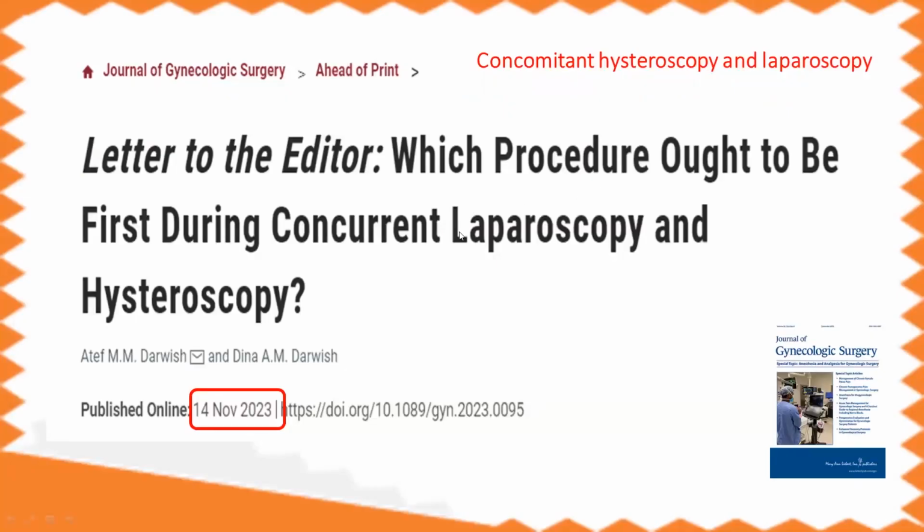Until we published a letter to the editor recently that the procedure that we should start with during combined or concurrent laparoscopy and hysteroscopy should be laparoscopy. Why laparoscopy?